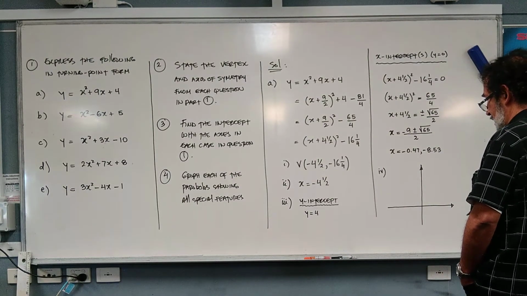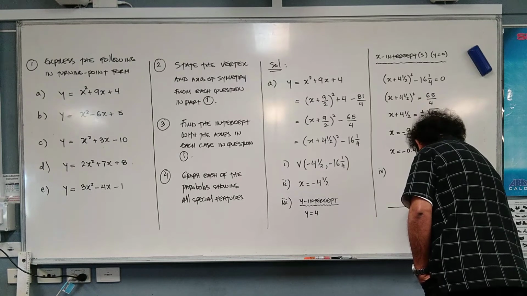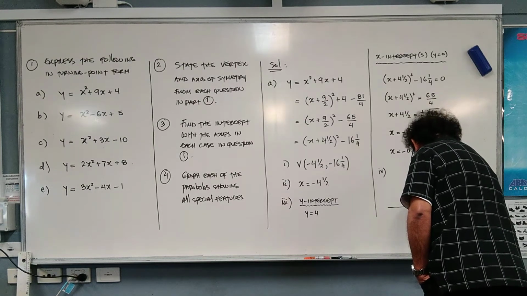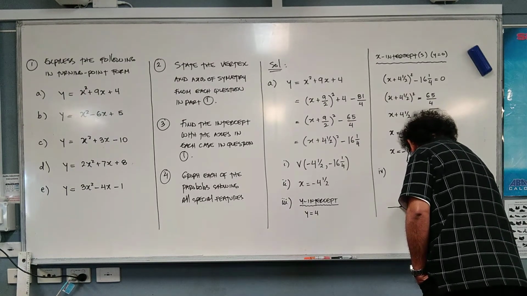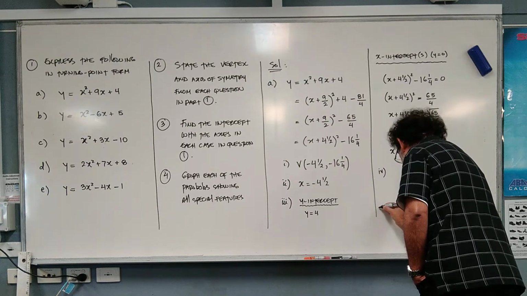I'm going to put the axis of symmetry, but I'm going to scale this first. So this is -1, -2, -3, -4.